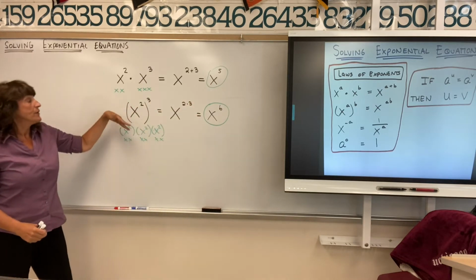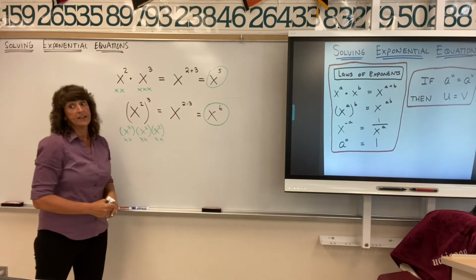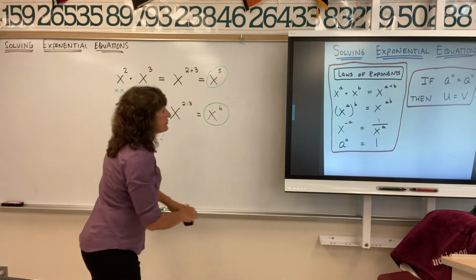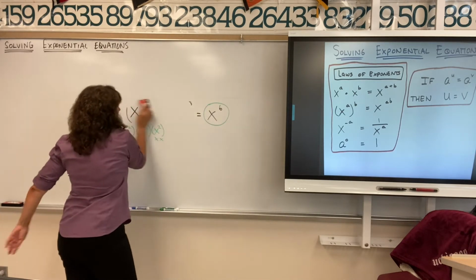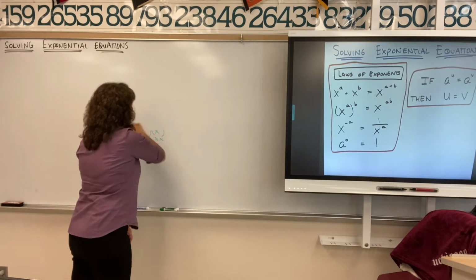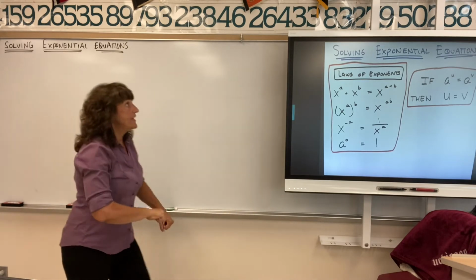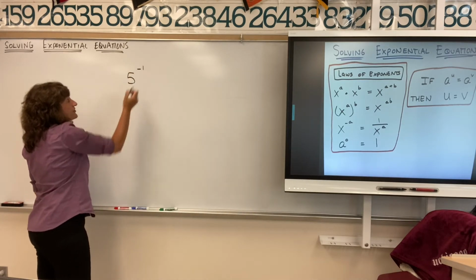But if you're raising a power to a power, you multiply the exponents. That's the first couple of laws. Let's take a look at the third law on that page. The third law is when you take a number or a variable and raise it to a negative exponent.